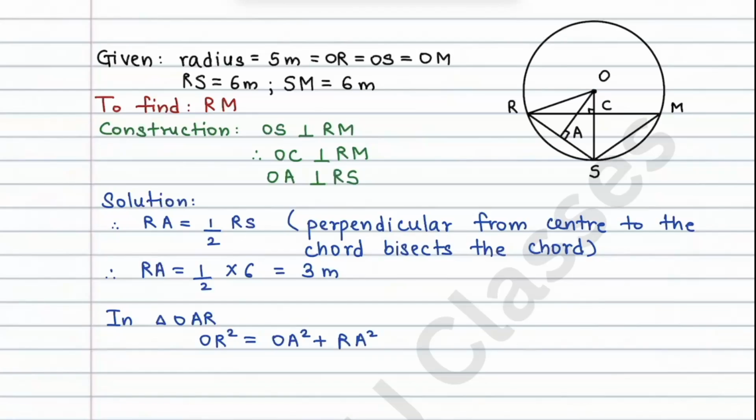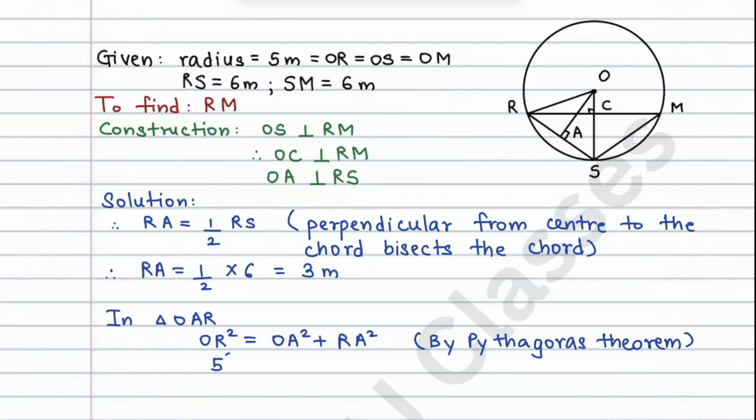Write the reason: by Pythagoras theorem. Always write the reason. Now what is value of OR? OR is the radius of the circle, which is equal to 5 meter.